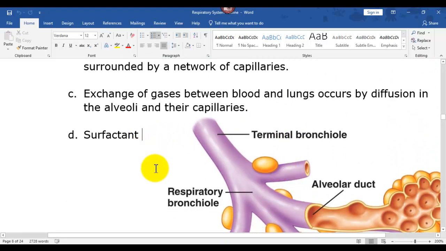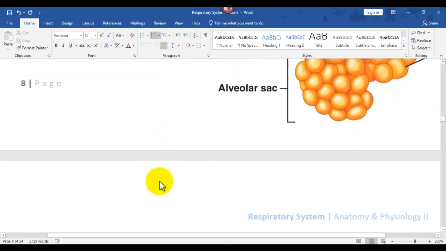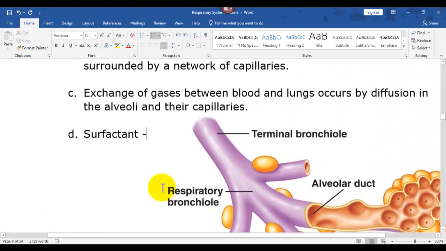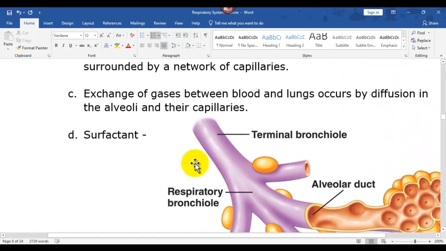Surfactant. There's a cell type in here called alveolar type 2 cells, and they produce surfactant. Surfactant is a chemical.